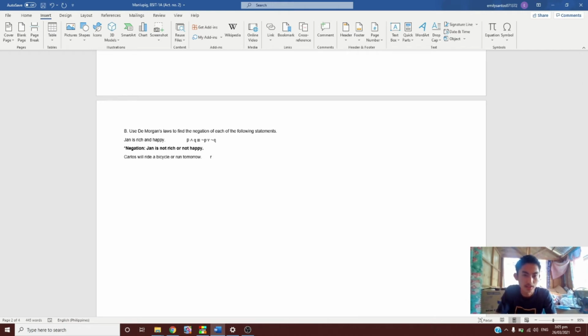Next letter will be R. Let Carlos will ride a bicycle be R, and since the connector of the sentence is or, this is a disjunction, and let run tomorrow be letter S. The first De Morgan's law, R disjunction S, is equal to negation R, negation S. Sorry, it's very common to confuse negative and negation, which are very similar.